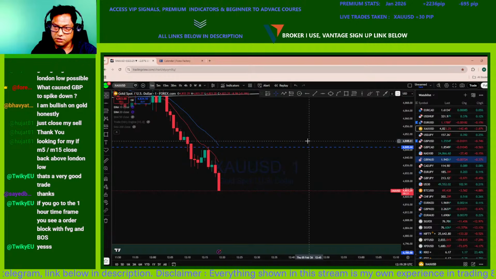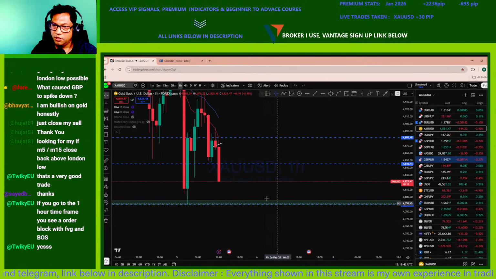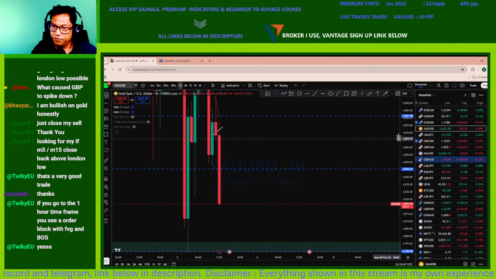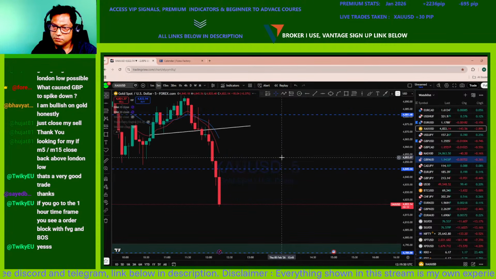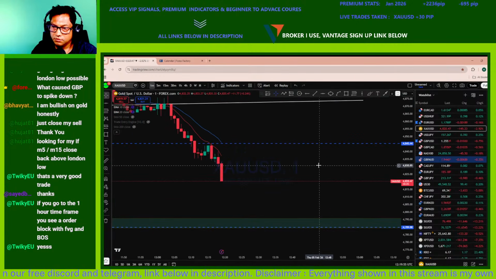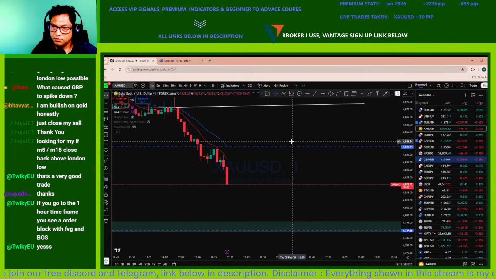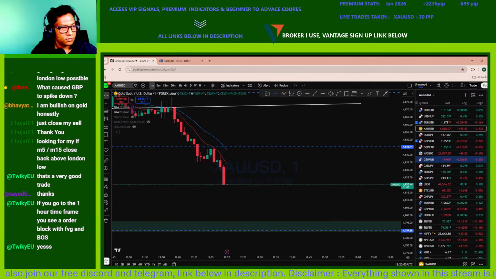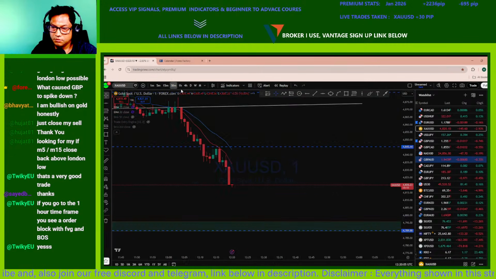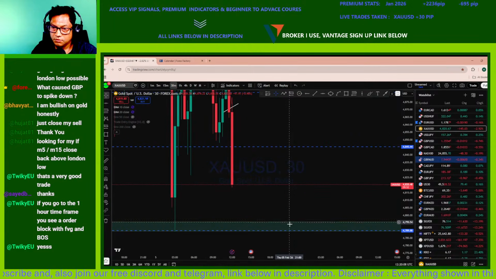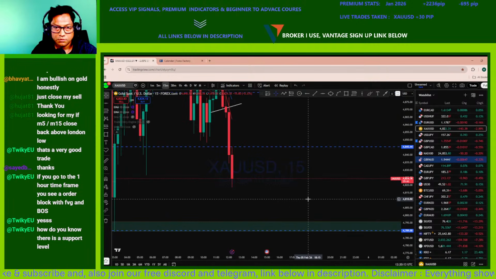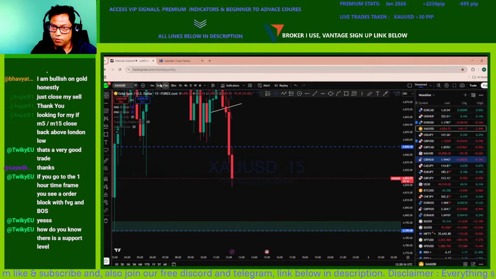Downward pressure, you can see the market may eventually feel that low here and break below to create a new lower low. We're getting some pullback.